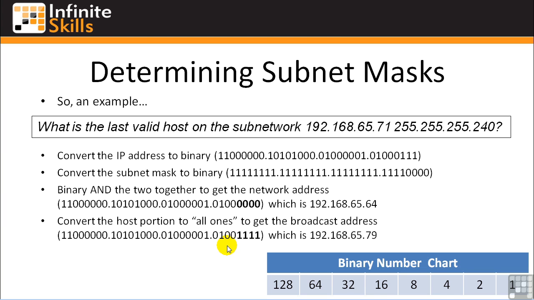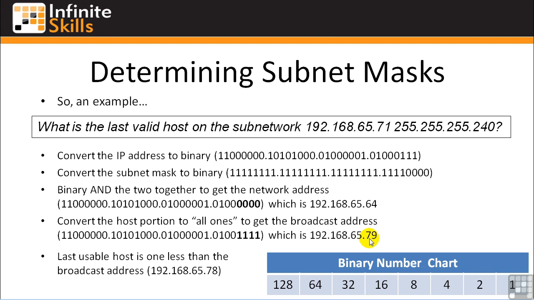In this case, it gives you 192.168.65.79. And in our case, the last usable host is 1 less than the broadcast. So the answer to this example is 192.168.65.78. That is the last valid host on this network with that subnet mask. I'll pause here, and in the next video I'll show you what I consider to be a simpler way of performing this same function.